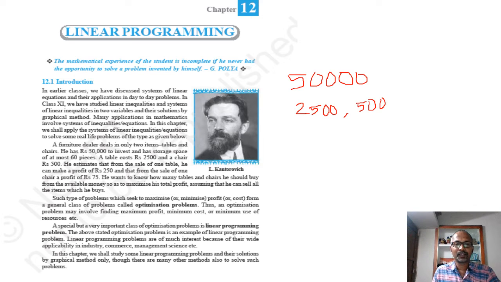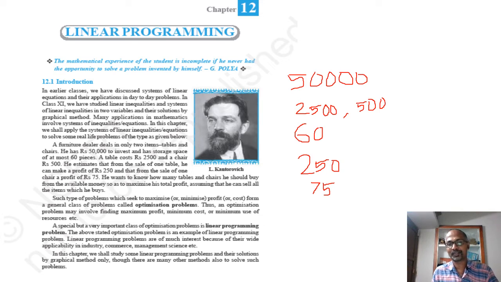He has only a storage capacity of 60 pieces, either table or chair. Only 60 pieces he can store. Next, out of selling one table he can make 250 rupees profit per table, and by selling a chair he is getting 75 rupees.